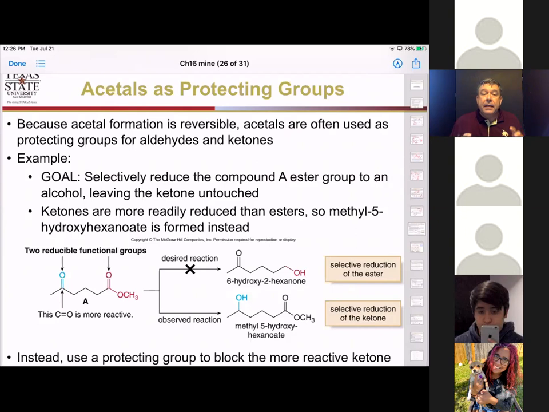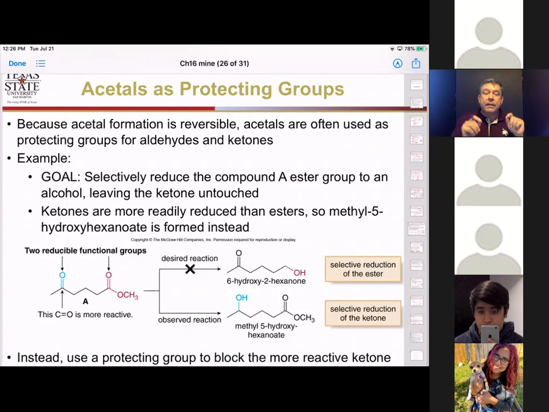Okay. In this example here, we want to selectively reduce one group or the other. In this compound, we have a ketone on one side and an ester on the other. So if we wanted to selectively reduce that ketone, all we do is add sodium borohydride, because sodium borohydride doesn't reduce esters.